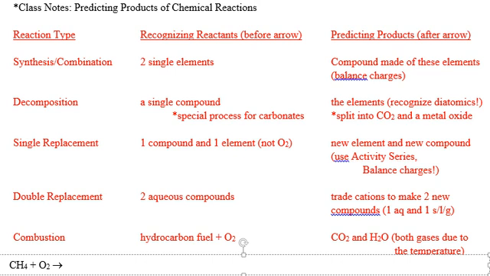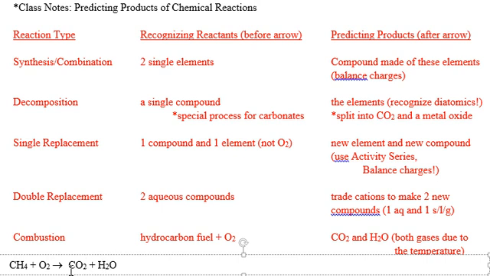And then after you've written carbon dioxide and water, that's when you go back and balance. So again, when you see oxygen before the arrow and it's with a carbon compound, this is combustion, and you automatically write CO2 and H2O.